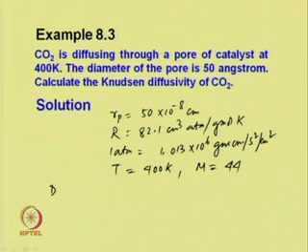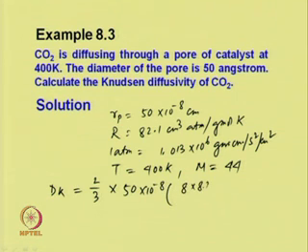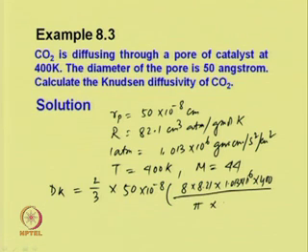So, D K will be 2 by 3 into 50 into 10 raised to minus 8 multiplied by 8 into 8.21 into 1.013 into 10 to the power 6 into 400 divided by pi into 44, all to the power half. So, this will give you around 0.0146 centimeter square per second.